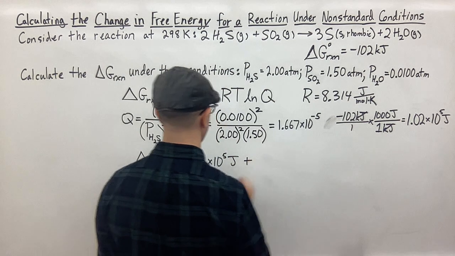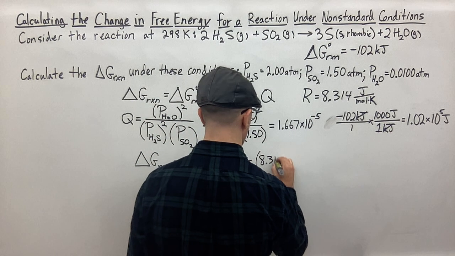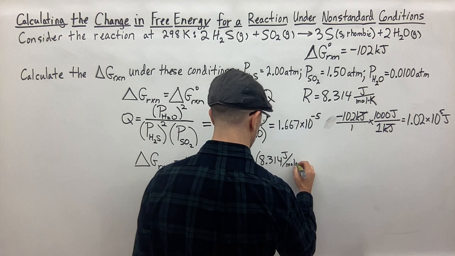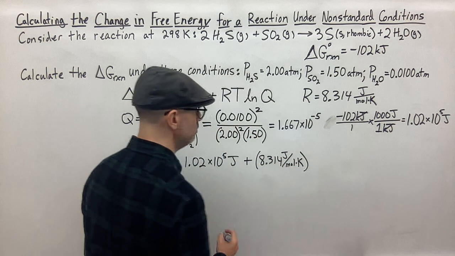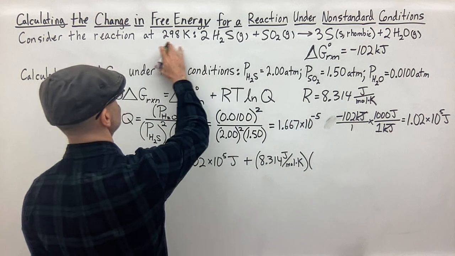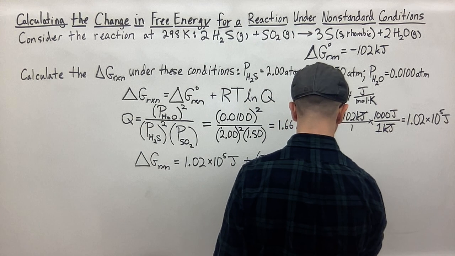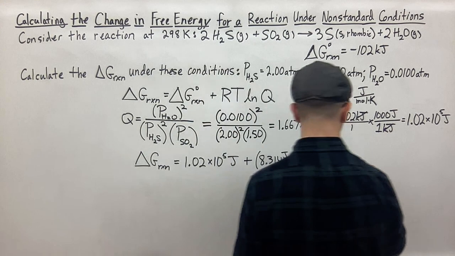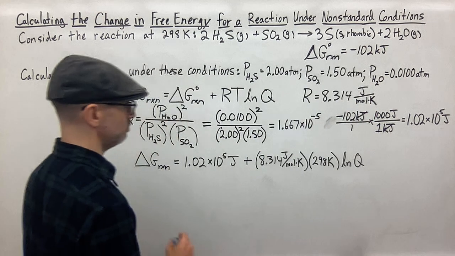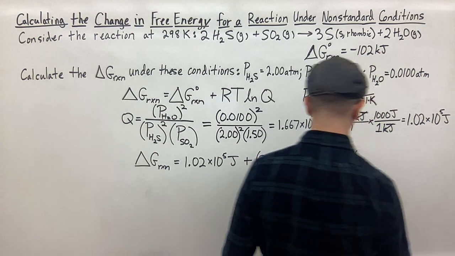And we're going to add to that R, so that's 8.314 joules per mole Kelvin. And then we're going to multiply that by the temperature, which is 298 Kelvin, and the natural log of Q. And of course, we calculated what Q is, so we'll just put that in.